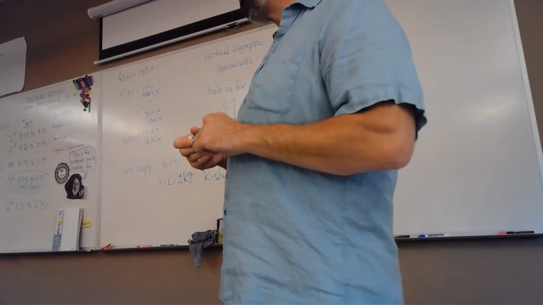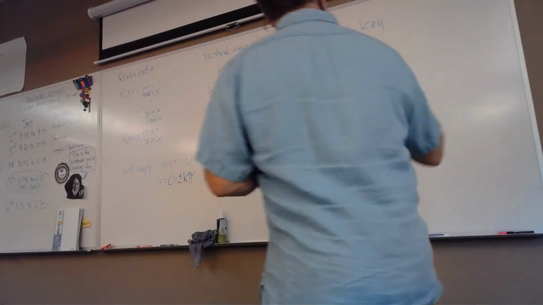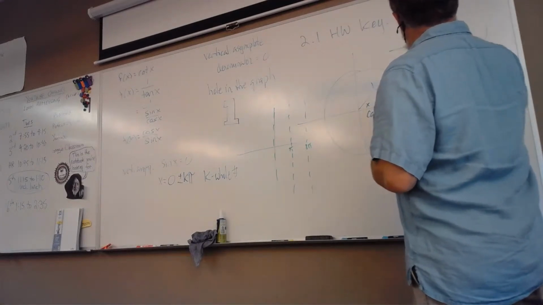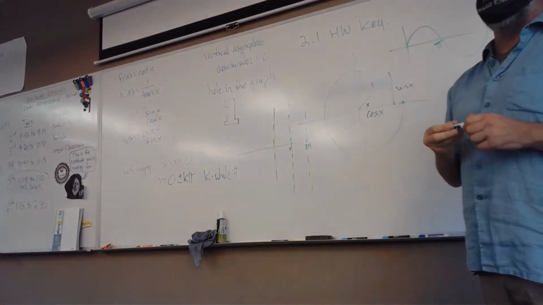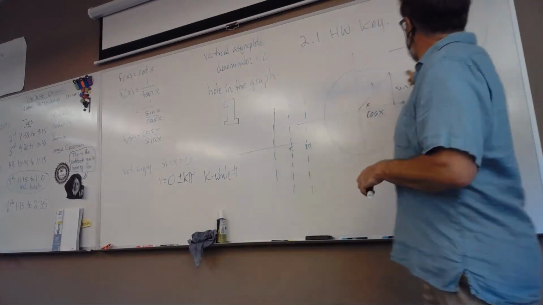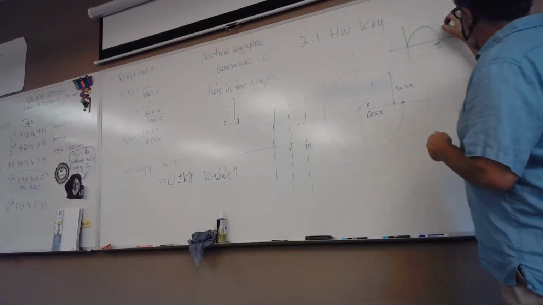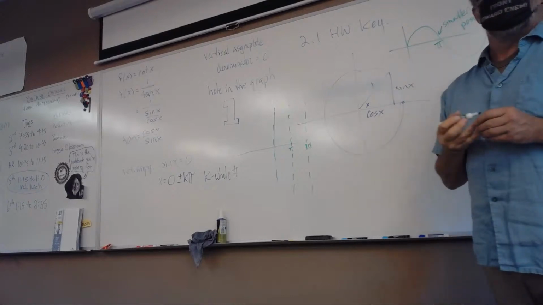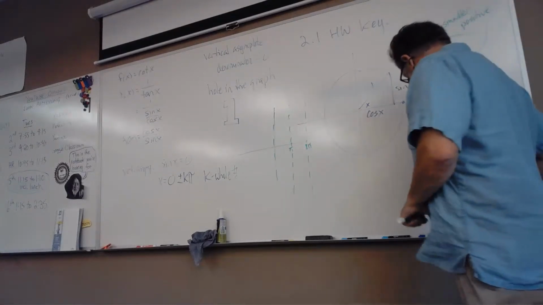So what you want to do is think about the graph of sine and say, well, what is sine doing as I get closer and closer to pi? Well, do we agree that sine is becoming a smaller positive? Well, how about cosine?